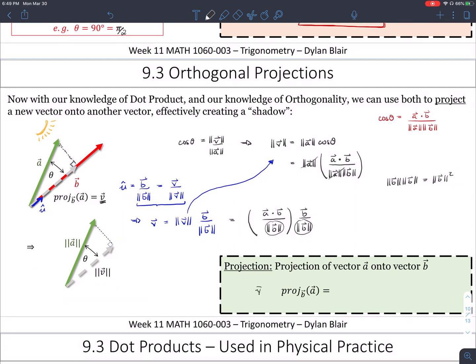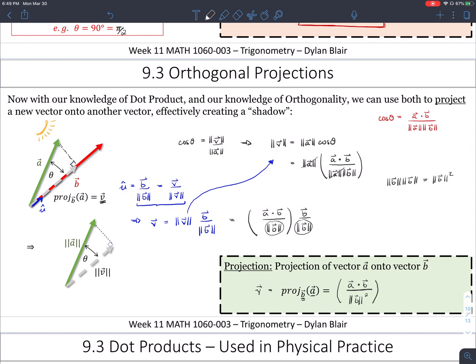So this vector V that we solved for is the projection of A onto B. So A onto B ends up being A dot B, which is a scalar, right? Dot product creates a scalar, over the magnitude of B squared, which is also a scalar, right?